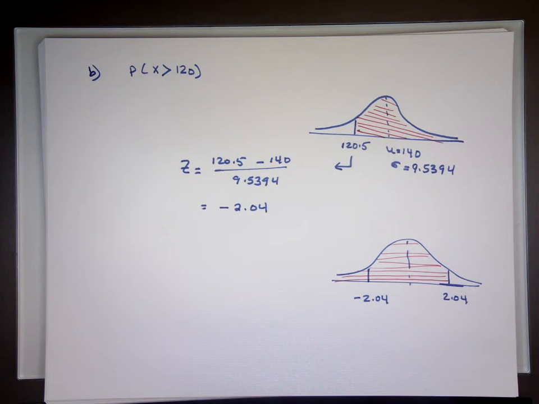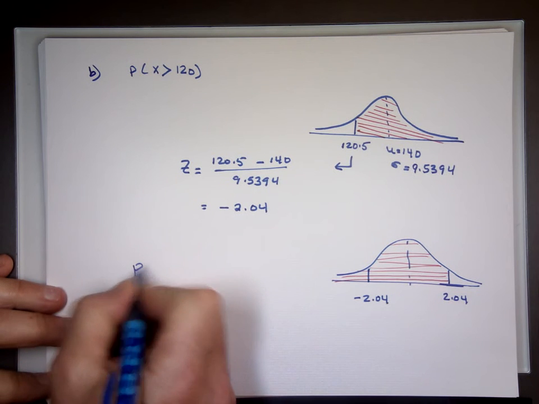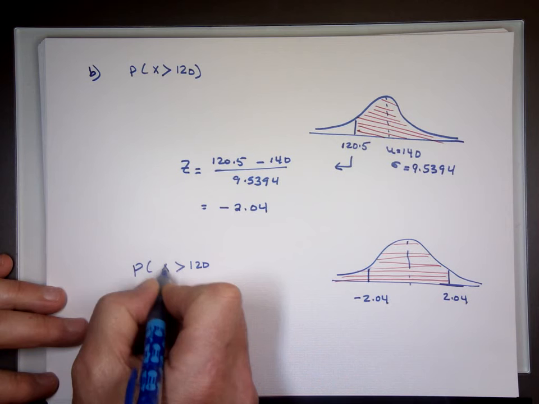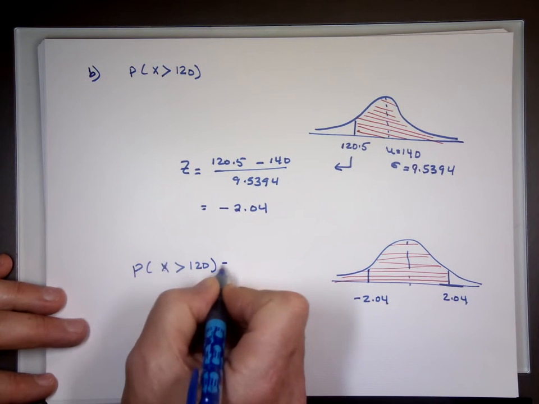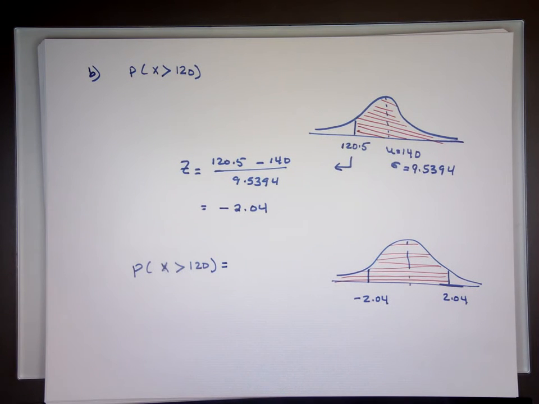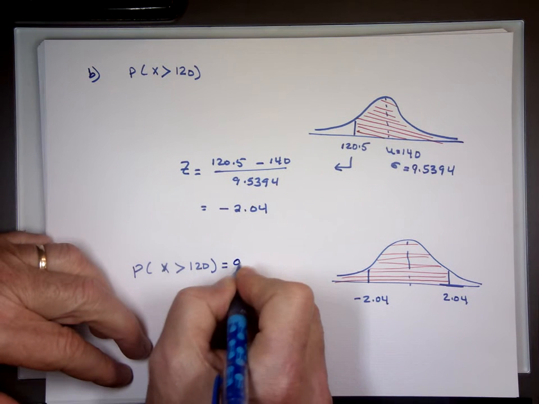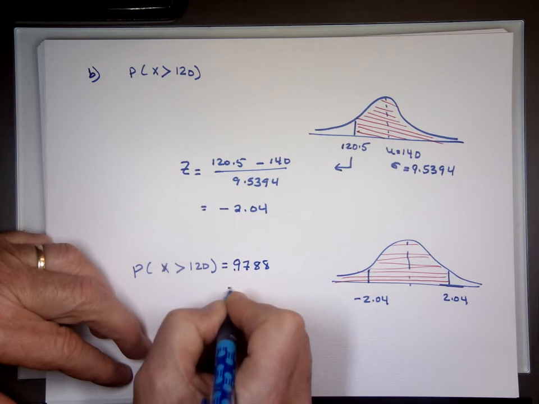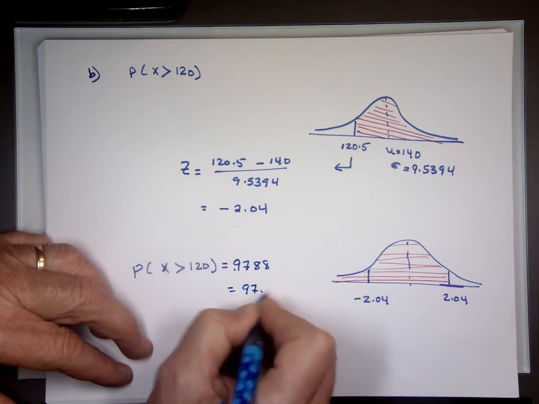So what's the probability more than 120 people will vote for Donald Trump for president out of the 400? I got 97.88%.